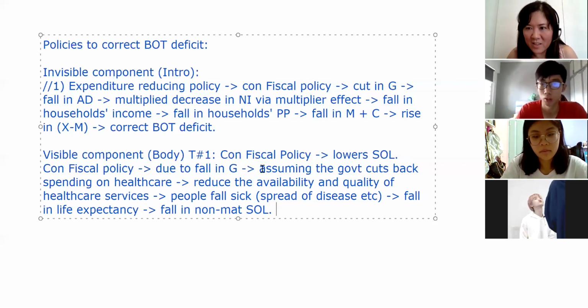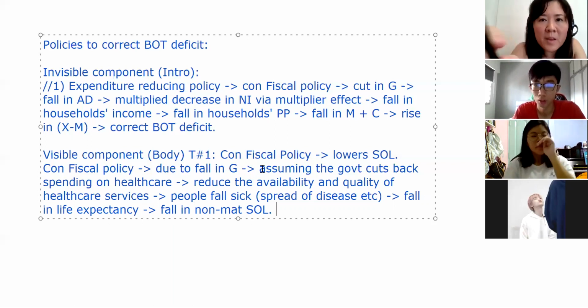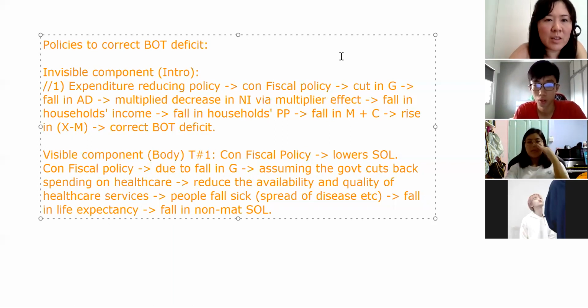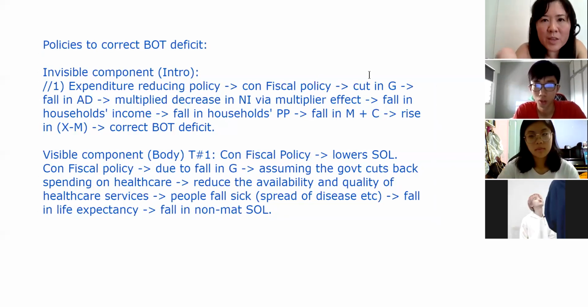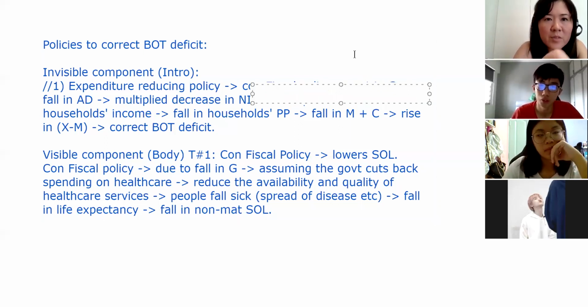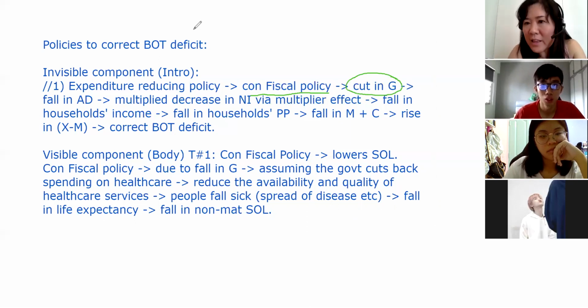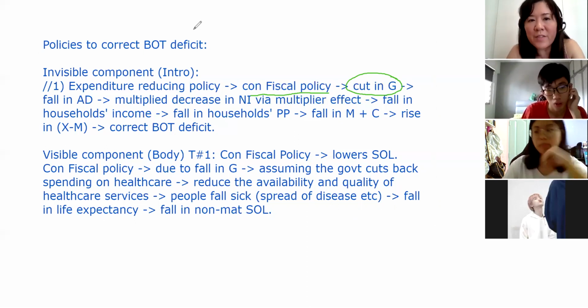Do you all understand this? In case you are still confused, what I'm trying to say is this. This contractionary fiscal policy involves the cut in G. In our invisible component, we explained how this policy works to correct the BOP deficit.